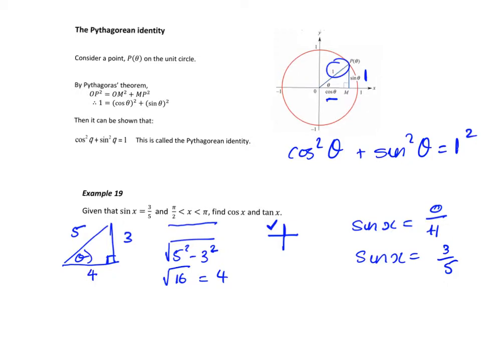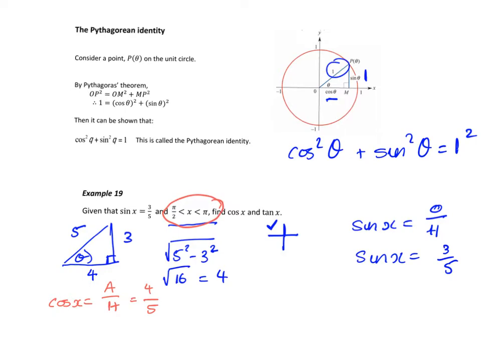Well, we're nearly there. We're asked to find cos of x, and we know that cos is equal to adjacent over hypotenuse. In this case, it would be the adjacent, which is 4, over the hypotenuse, which is 5. So you could tell me that cos of x is equal to 4/5, but not quite, because you've got to consider the domain here.